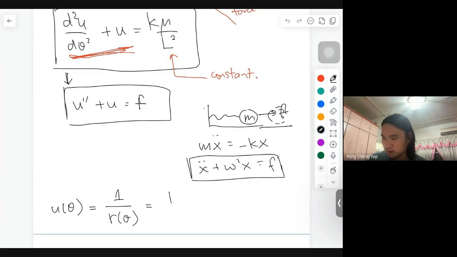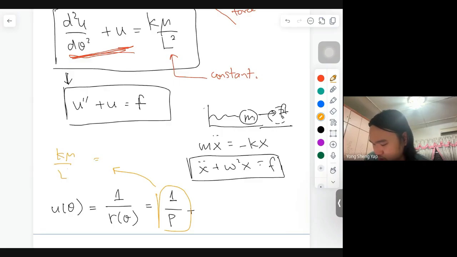Let's just call this 1 over P for now. There's a reason for this, okay? So let's say that 1 over P is equal to k mu over L squared, plus some amplitude that we don't know of, times cosine.